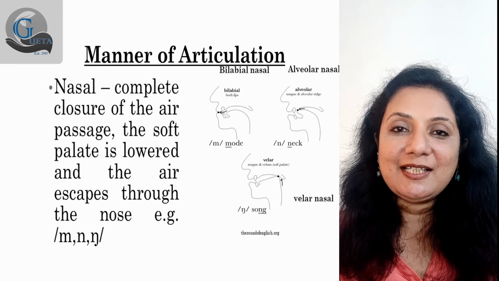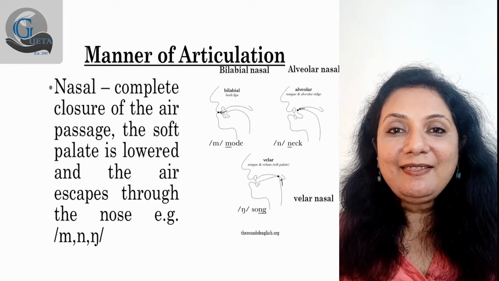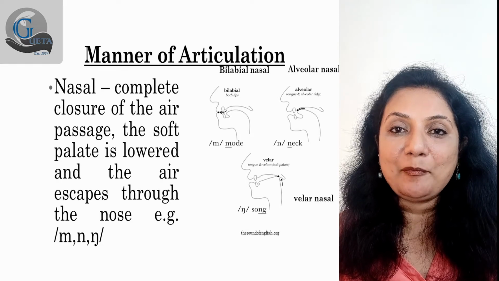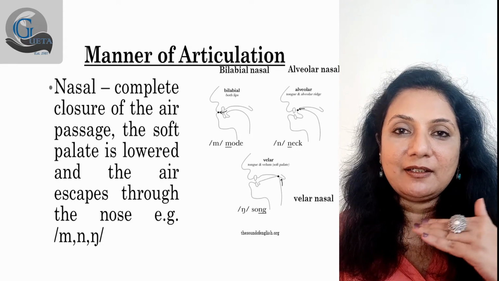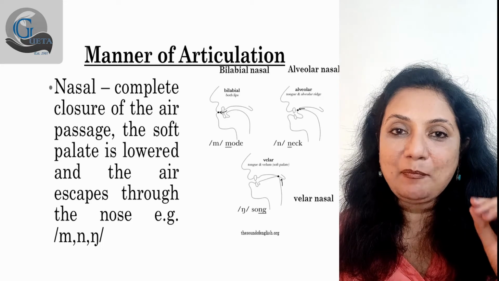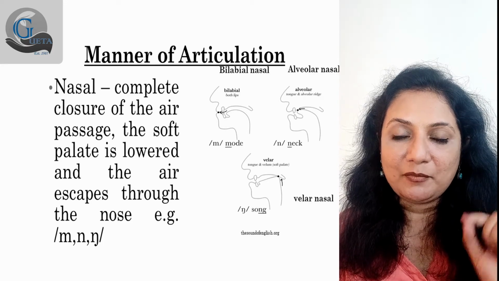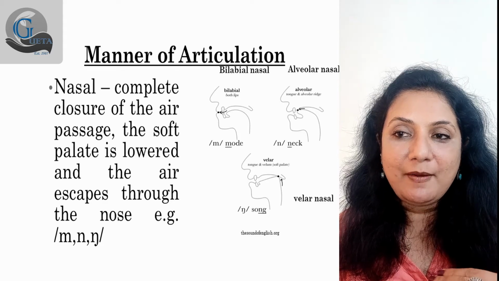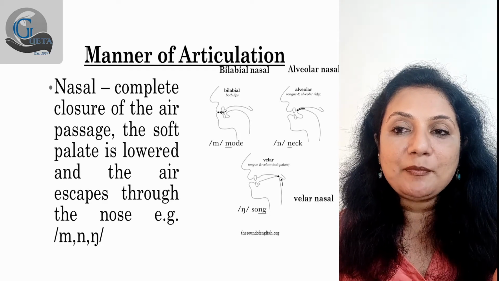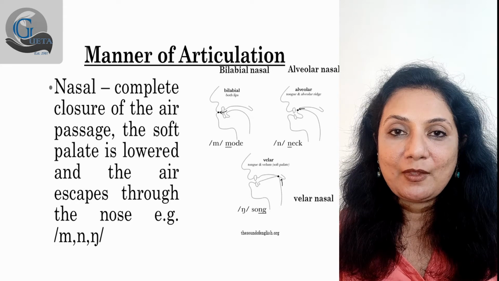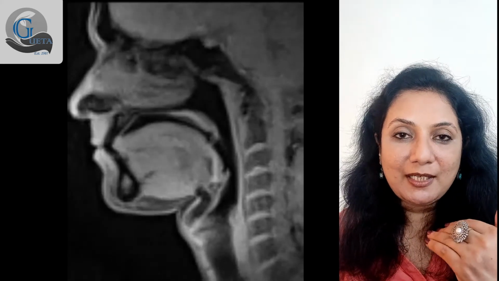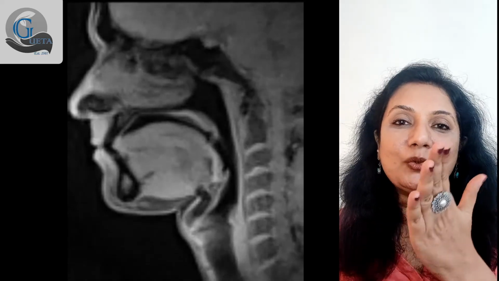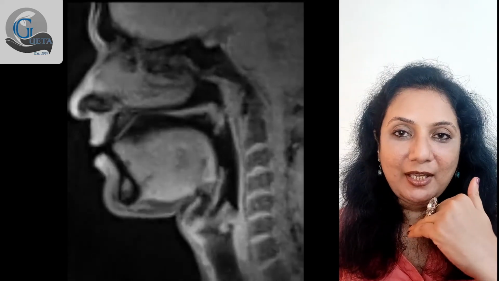Then nasal sounds. In nasal sound, there is complete closure of the air passage, which means that the air is not allowed to escape for some time. And then the soft palate is lowered and the air escapes through the nose. So when the soft palate is lowered, naturally the air will escape through the nose because the oral cavity is closed.